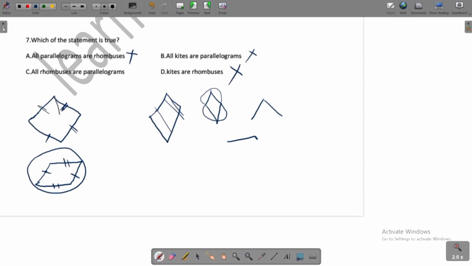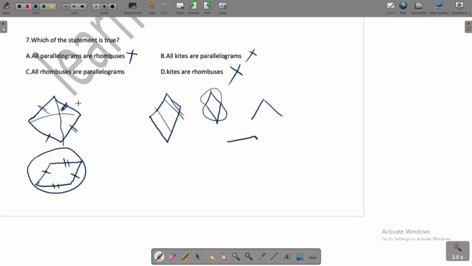Also, if you draw the diagonals, just like that of the parallelogram, they bisect at the middle too and form the same angle. So you can say all rhombuses are parallelograms. But not all parallelograms are rhombuses. Why? Because all parallelograms must have two equal sides.